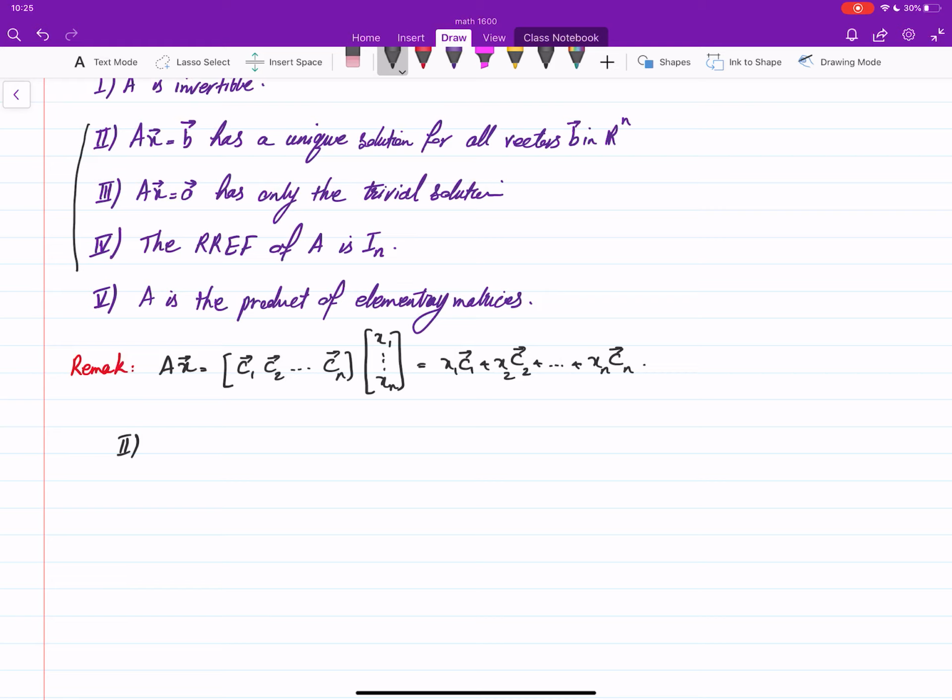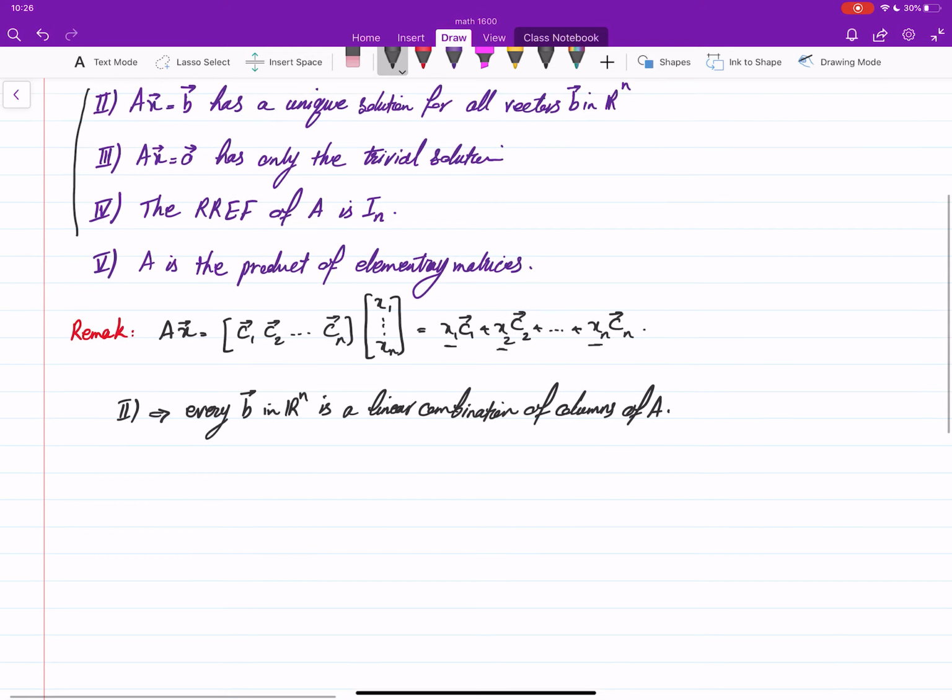Well, it means that it has one solution, and one solution means that these numbers are there, so it means that every vector b in Rn is a linear combination of the columns of A. Very nice.